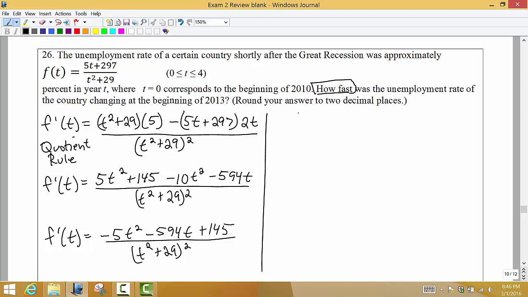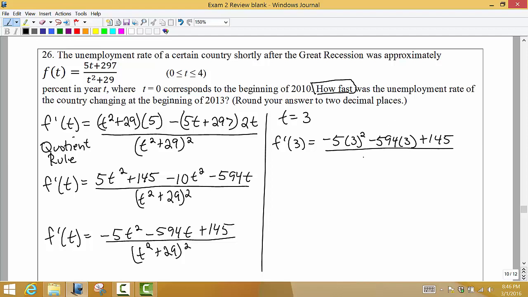So we are asked to evaluate what's happening in 2013, which is 3 years after the initial starting value. So we're going to plug in a t value of 3. So f prime of 3. So we're going to have negative 5 times 3 squared minus 594 times 3 plus 145.